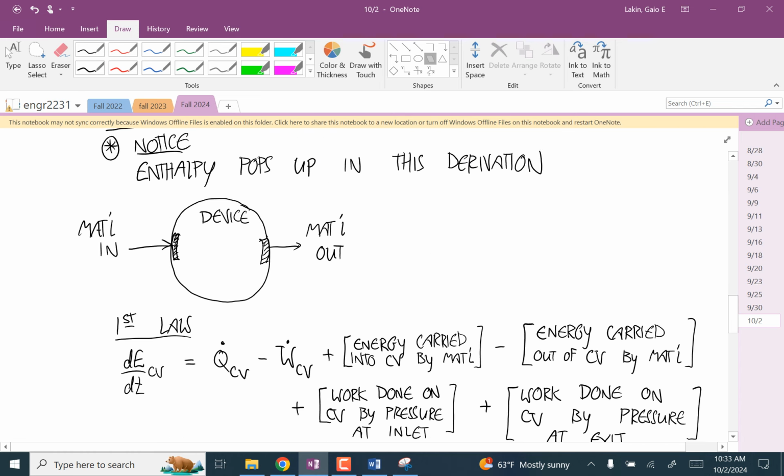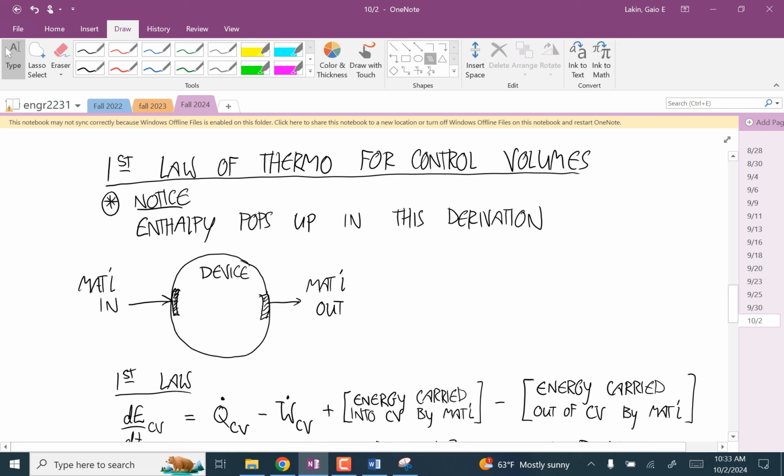Well, okay, look at this picture. What this is saying is there's a pressure right outside this door at the inlet, and that pressure is applying a force, and that force is doing work on the stuff that's in the control volume. And over here, there is a pressure right outside this door, this time it's pushing back this way. And so we're going to have to deal with the fact that that pressure is in the opposite direction of the fluid flow here. That's going to change the sign, but that's the idea.